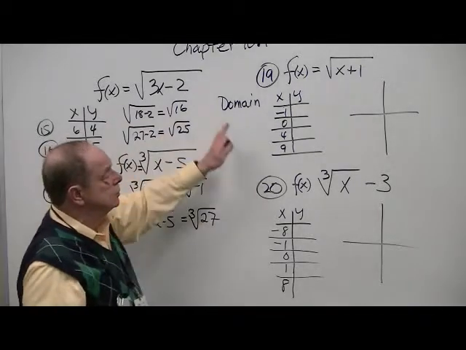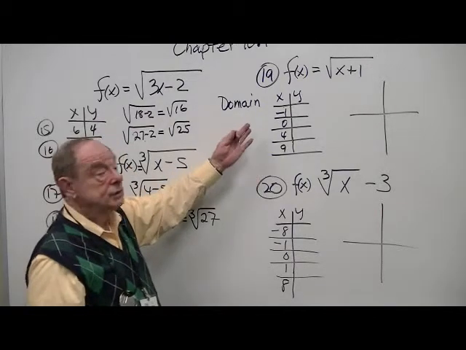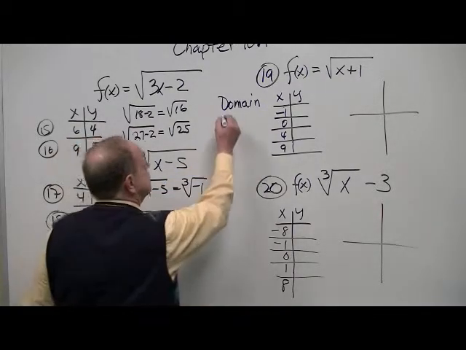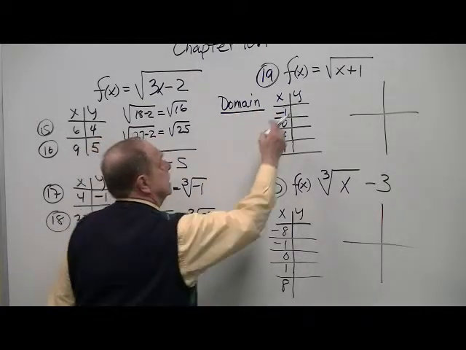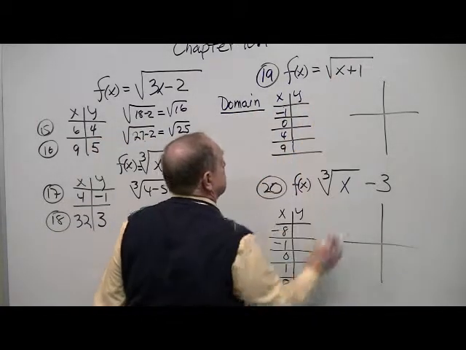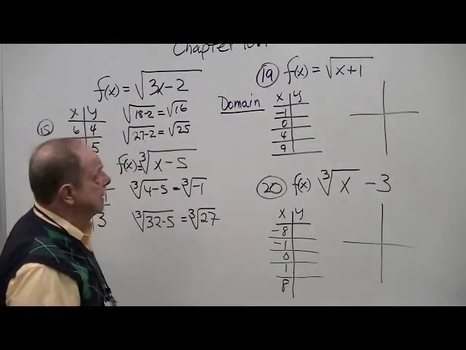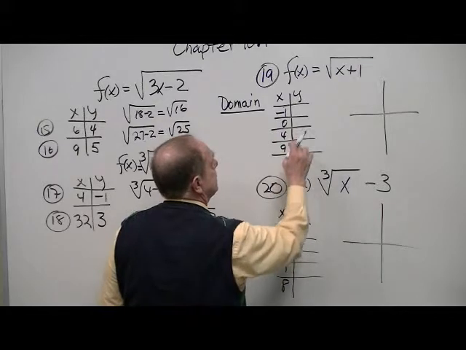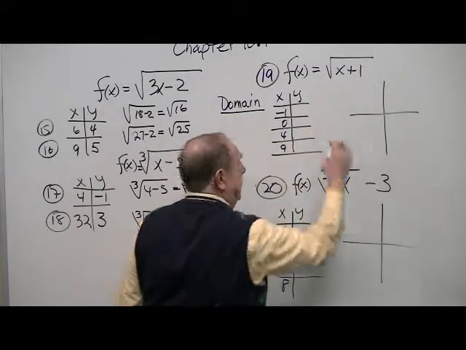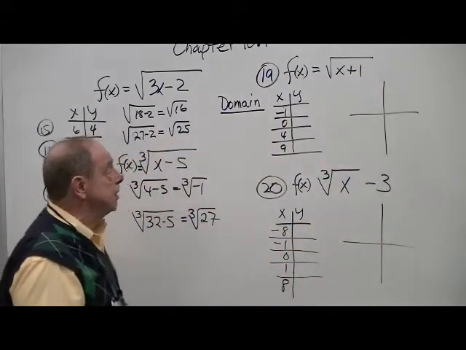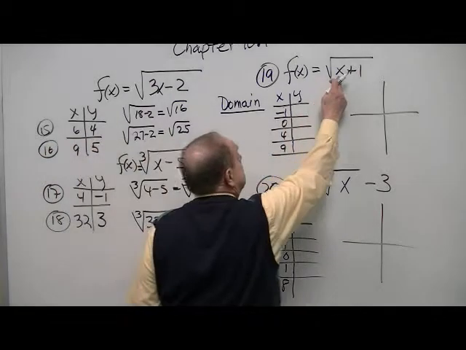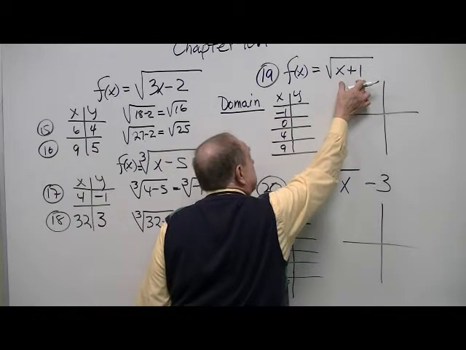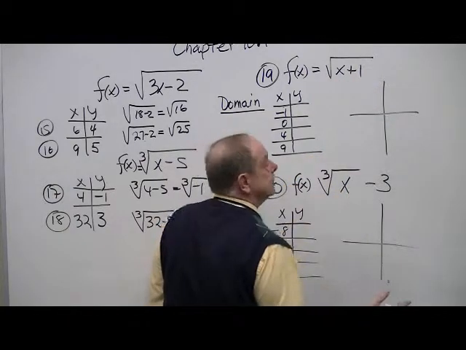Now, for 19 and 20, they not only want you to do some things, but graph it. And they also want to know what is the domain of our x. Well, our domain of our x values here can be any value, just so long as when we put it under the radical sign, it doesn't make our radicand less than 0.